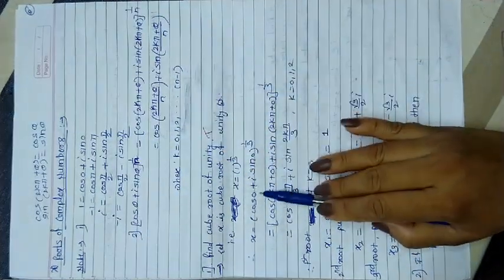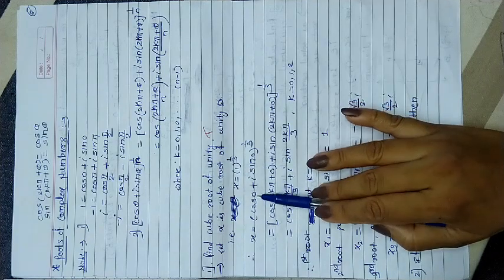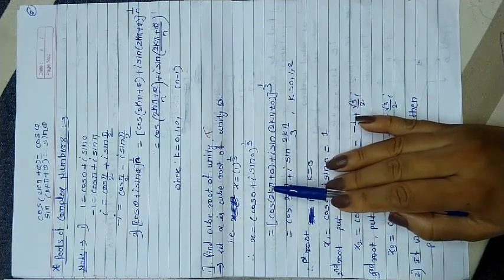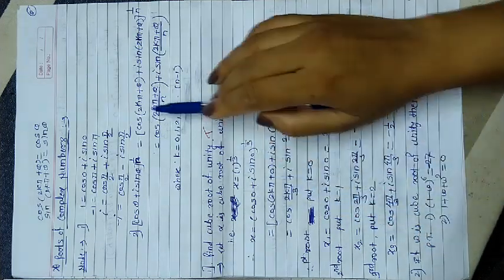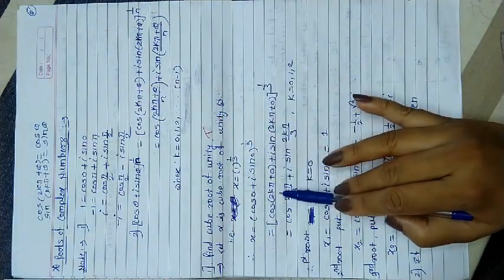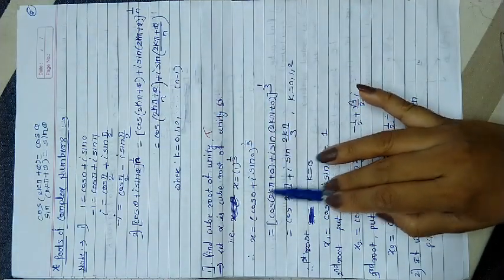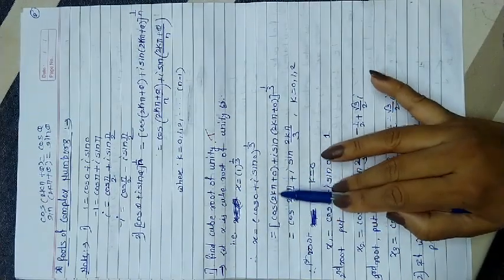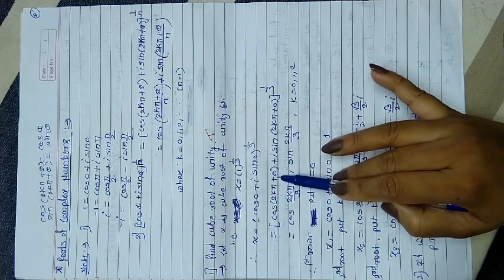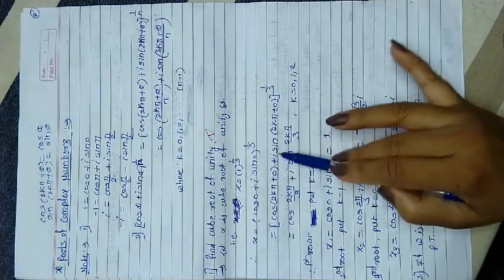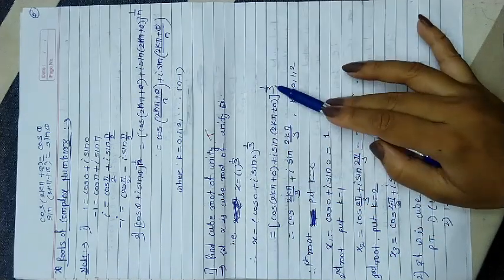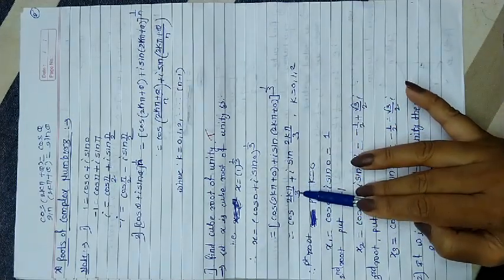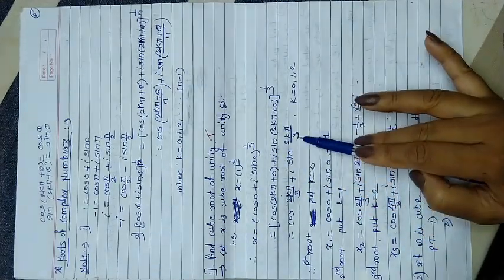Before taking 1 by 3 inside, we have to change the angle 0 to 2k pi. Just add 2k pi to this angle. We get cos(2k pi plus 0), that is 2k pi only, plus i sin of the same angle 2k pi, raised to 1 by 3. Now take 1 by 3 inside. What do we get? cos(2k pi upon 3) plus i sin(2k pi upon 3).